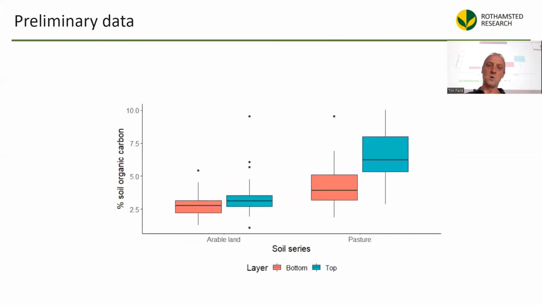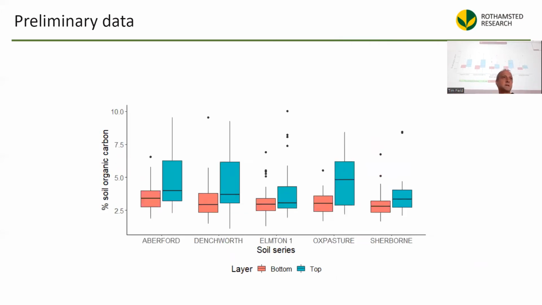And similarly for the difference between the top and the bottom, there's an interaction with land use. So the concentration of carbon in the top layer compared to the bottom layer appears to be bigger in pasture than arable. And again, it all makes sense. So, yeah, top is 0 to 10 and bottom is 10 to 30.